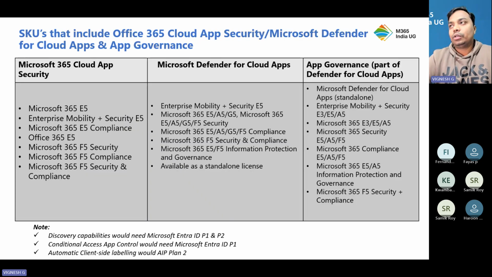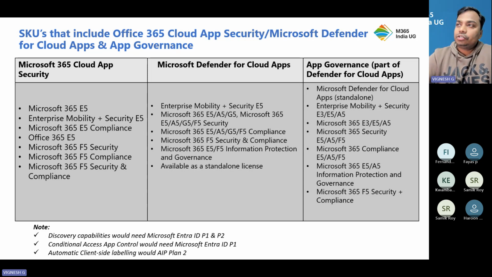Okay, now SKUs. One thing which I want to tell you upfront is there is something called Office 365 Cloud App Security. Then there is something called Microsoft Defender for Cloud Apps. Now your Office 365 Cloud App Security is nothing but a subset of Microsoft Defender for Cloud Apps. If I want to make it simple, your Office 365 Cloud App Security is specifically only meant for the Office 365 apps.